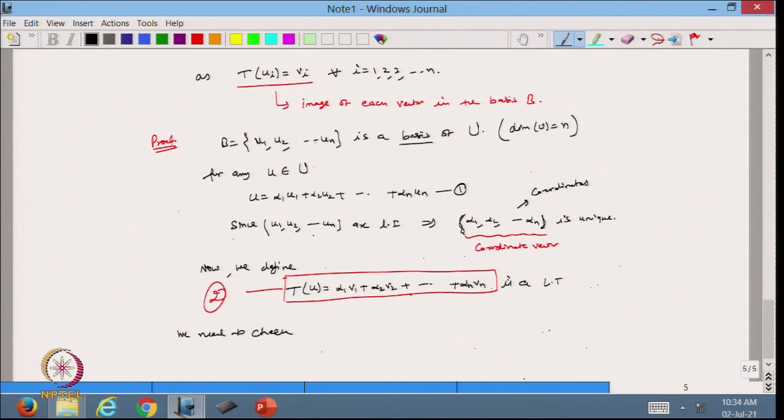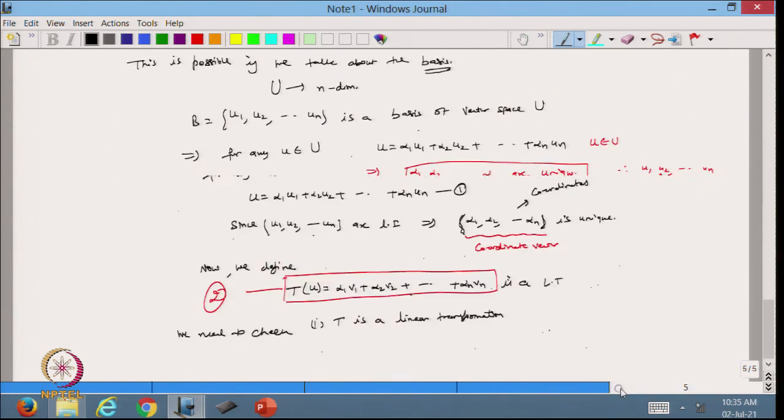So, of course, T is from U to V. So, what we need to check, first one is T is a linear transformation.